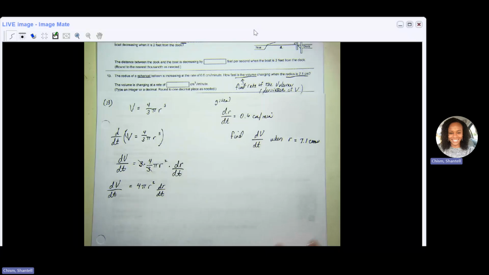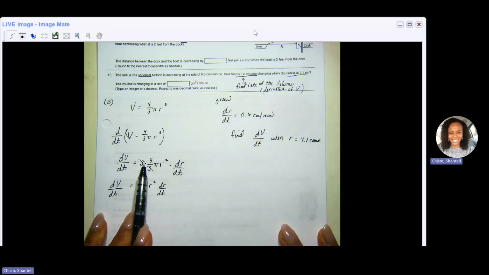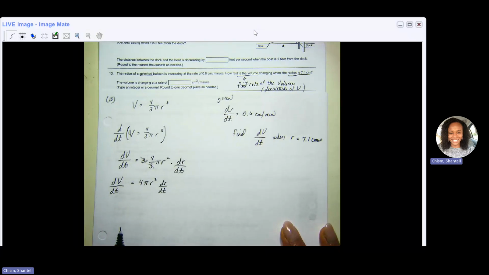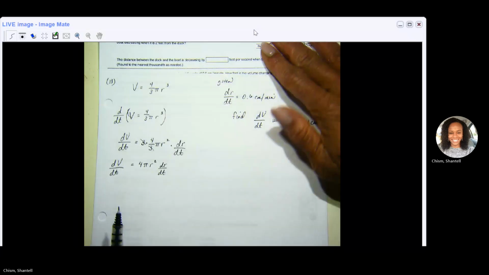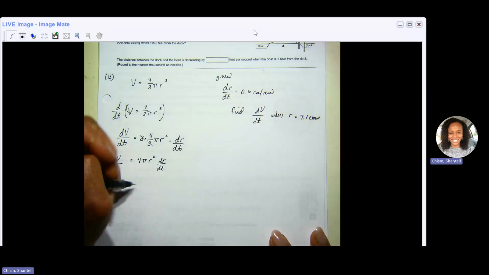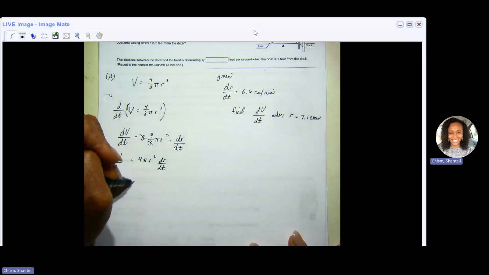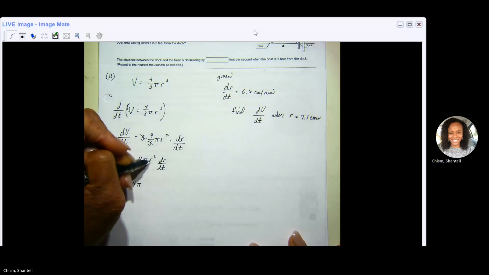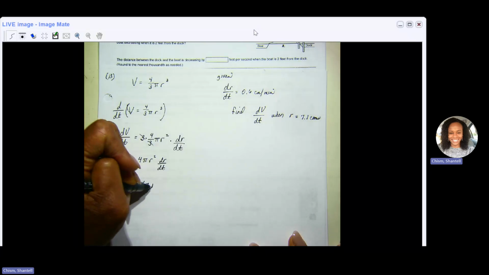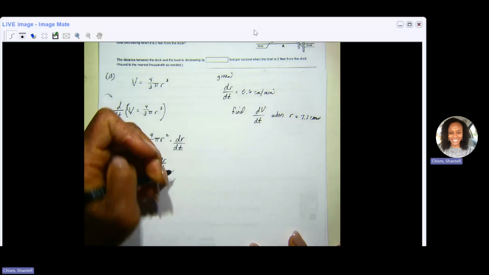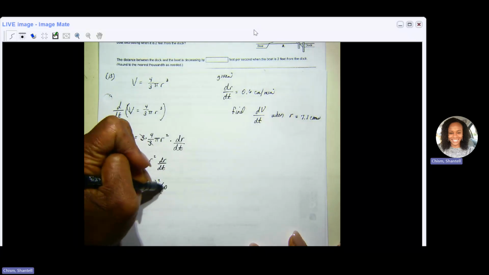All I did was the 3 that I brought down from that exponent canceled out with the 3 that was on the bottom. Now plugging in everything else that we know, remember we're looking for dV over dt, the rate of the volume. So this is 4 pi r squared, so that's 7.1 squared, times dr over dt, which is times 0.6.